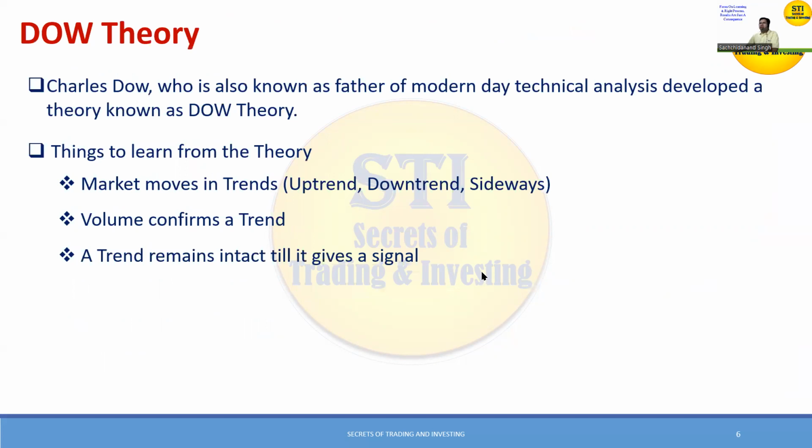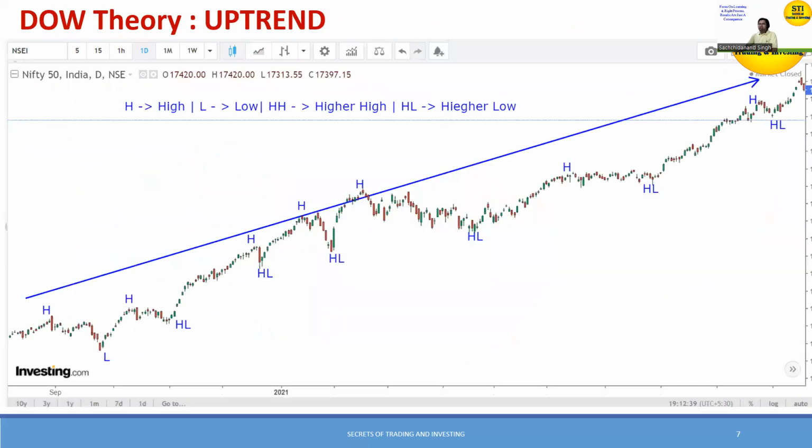So I'm just directly jumping to the Dow theory. Okay, so Dow theory basically tells only three things. It helps in identifying the trend, which is uptrend, downtrend, or sideways. And as per the Dow theory, to identify the uptrend, this is a simple concept: if the stock price in the given time frame, and the time frame could be anything, 15 minute, 1 hour, 4 hour, daily or weekly, depending on who you are.